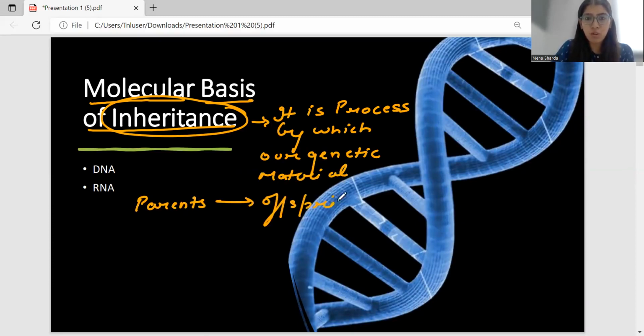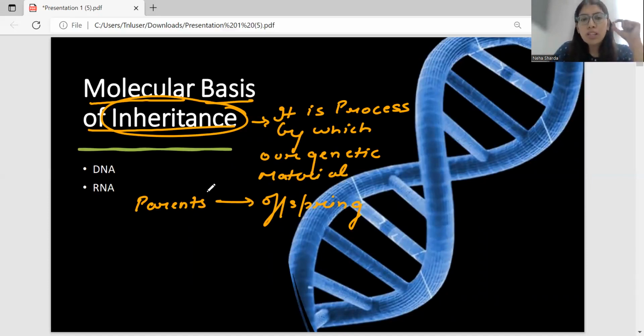Our eyes look similar to our parents. My eyes look similar to my father's eyes, your eyes look similar to your mother's eyes. Our hair color is similar to our parents. So what is the reason behind this?